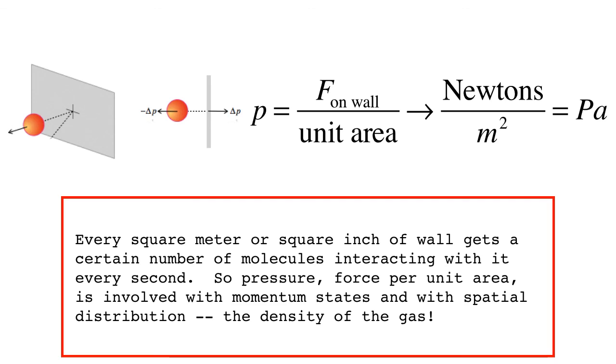So for every square centimeter of the wall, you're going to have a certain number of molecules adjacent to it. That number depends on the density, or the density is the number of molecules per cubic centimeter adjacent to the wall. So that's how the spatial distribution, or the density, also enters the equation for pressure.